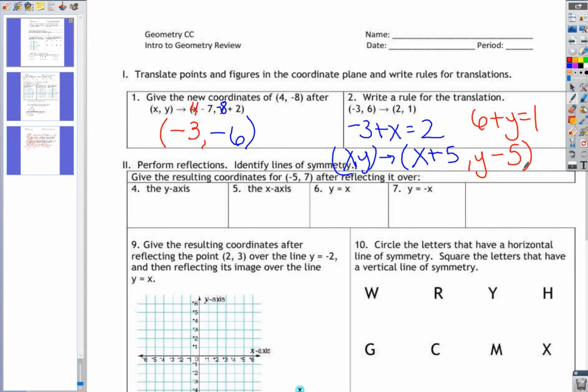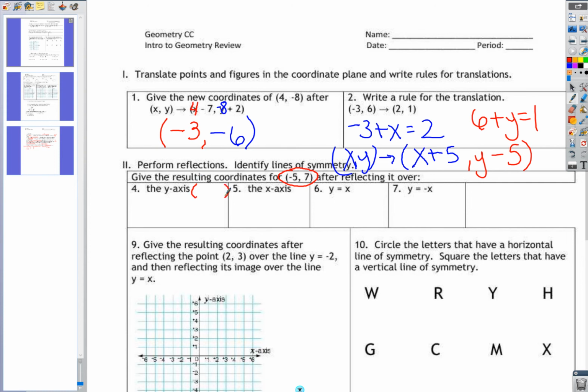Okay, if we look at the next part, here's my point, and I'm going to do lots of different things to it. I'm always going to go back to this, my pre-image. So if I do a reflection over the y-axis, what's my rule?